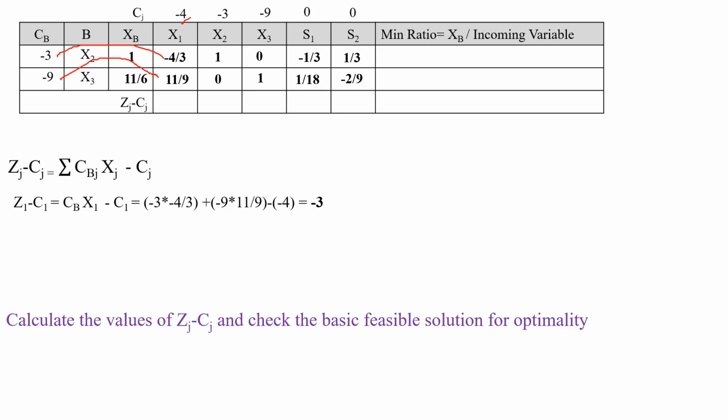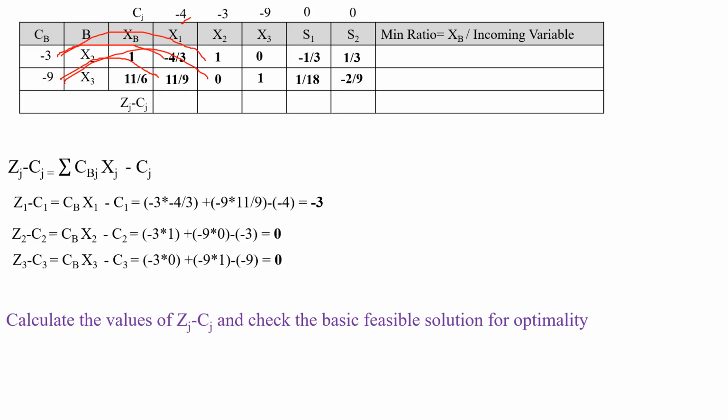This value is minus 3. And Z2 minus C2 is minus 3 into 1 plus minus 9 into 0 minus of minus 3. It is 0. Next, Z3 minus C3 is minus 3 into 0 plus minus 9 into 1 minus of minus 9. This value is 0.